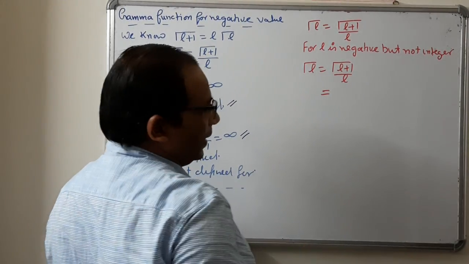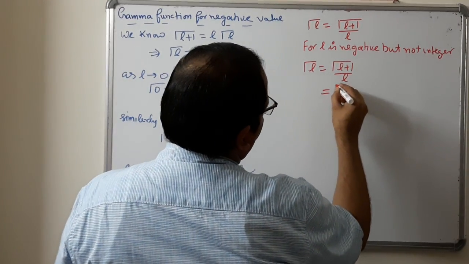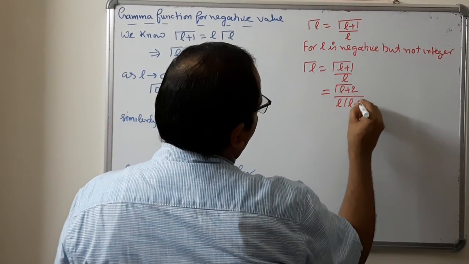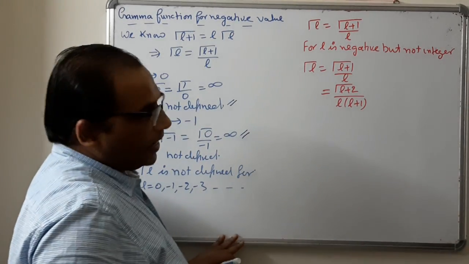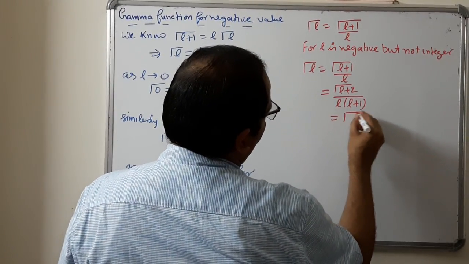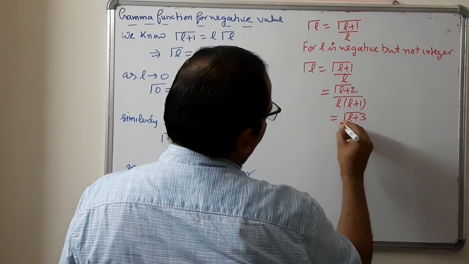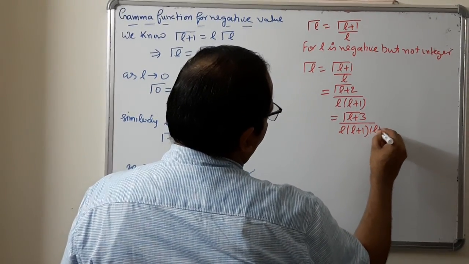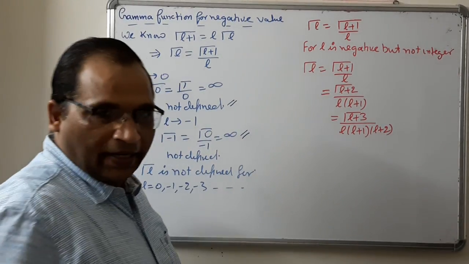Apply this formula again, we can write gamma(L+2)/(L+1). Again apply the same formula, we get gamma(L+3)/((L+1)(L+2)).